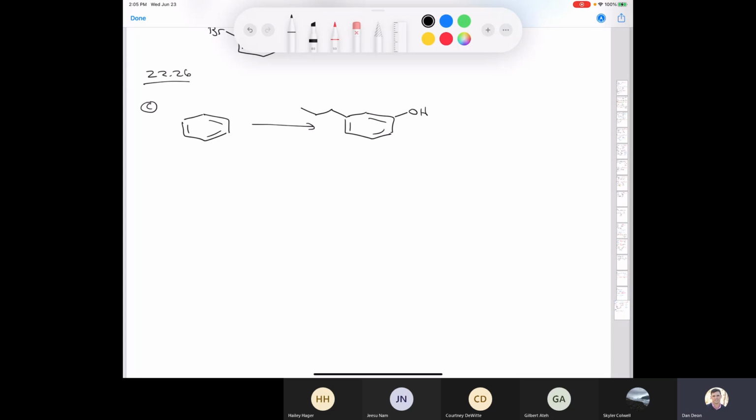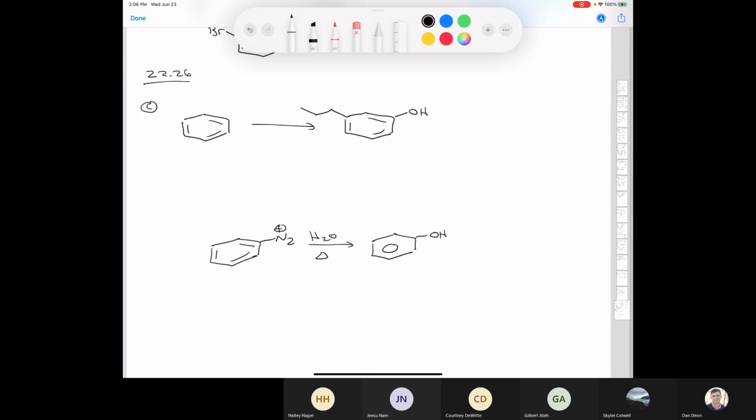But how many ways do we have to make phenols really in organic chemistry, right? If you go back in your notes, and I'm not going to switch back to the slides right now, but we saw earlier today, just a few minutes ago, that if you take a diazonium ion, okay, like this, and you just treat it with water and heat it up, what you end up with in that case is a phenol.